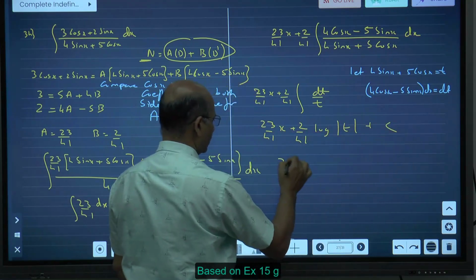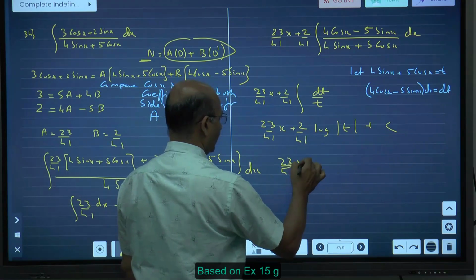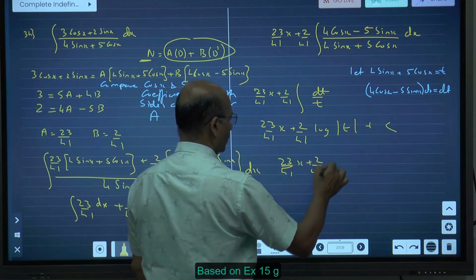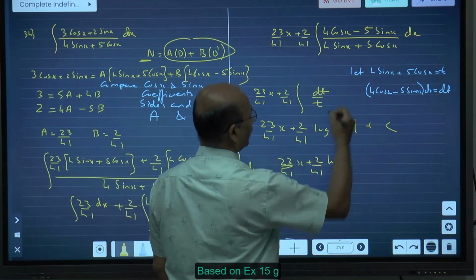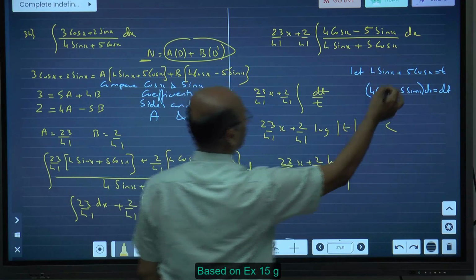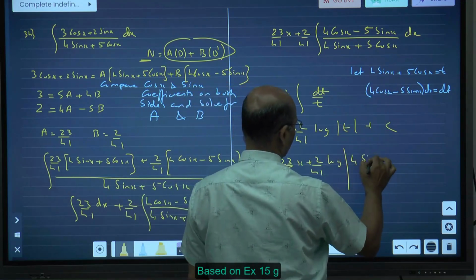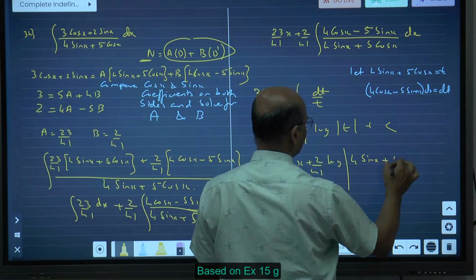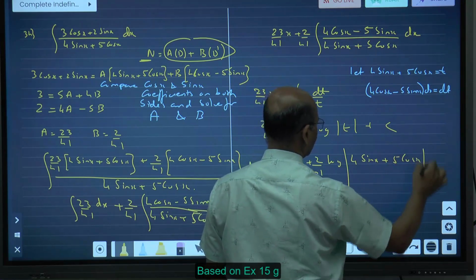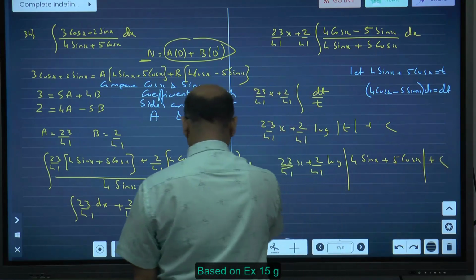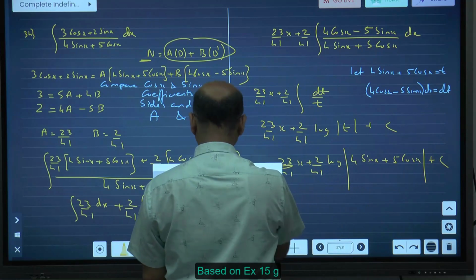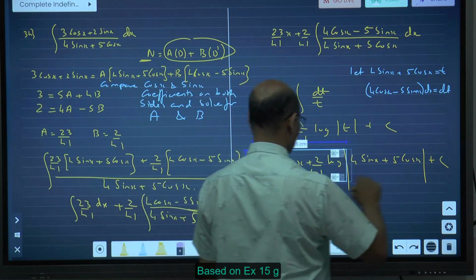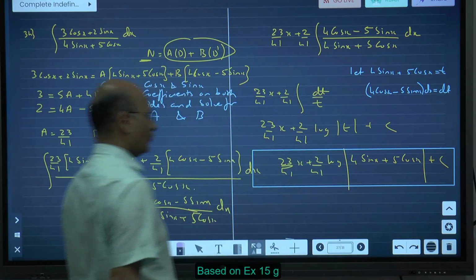Now replace this. What is t here? 4 sin x plus 5 cos x plus c. This is the final solution.